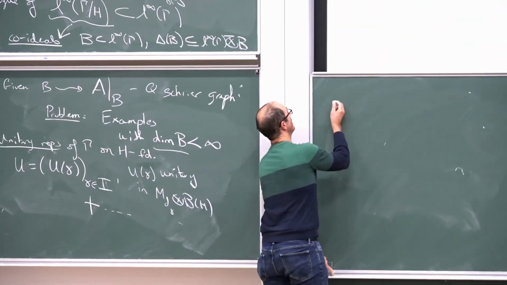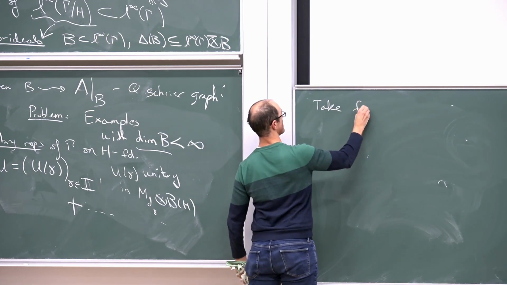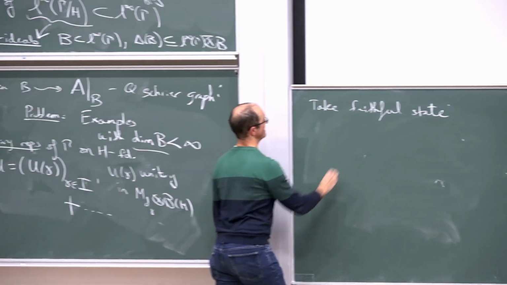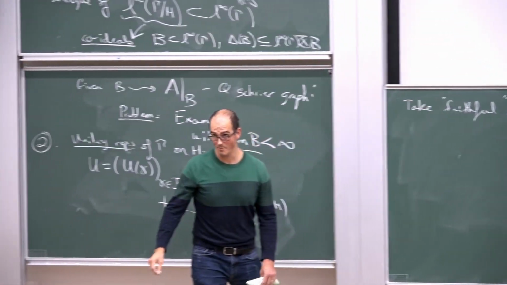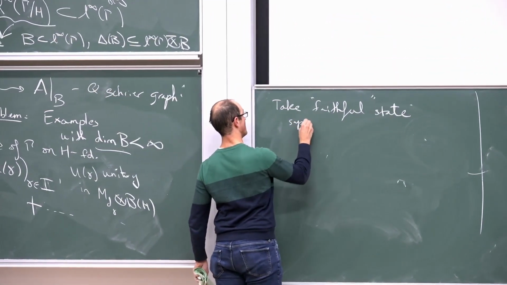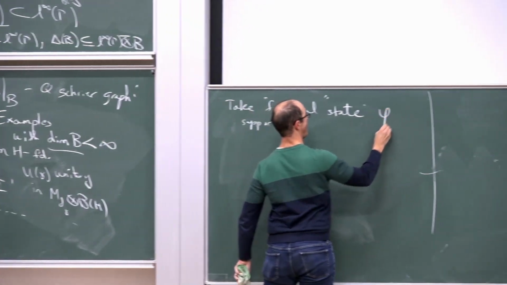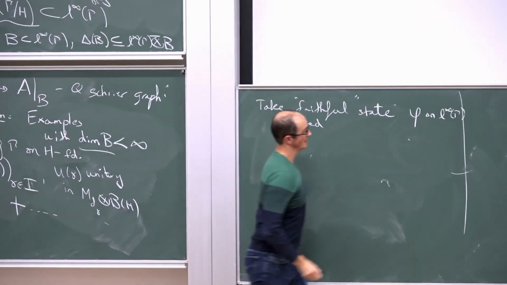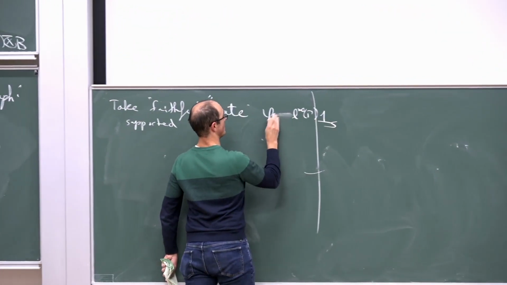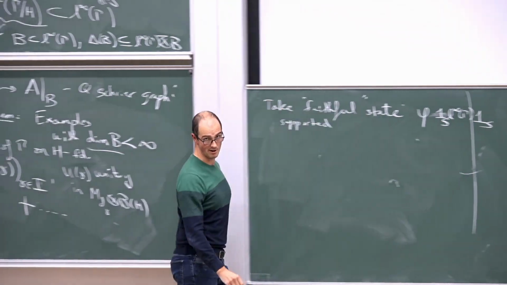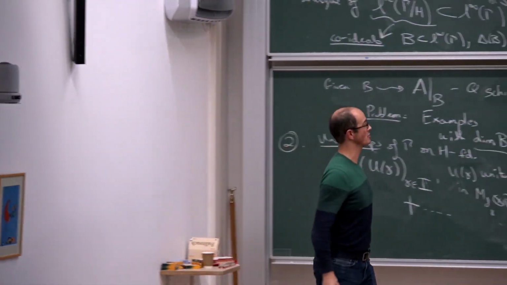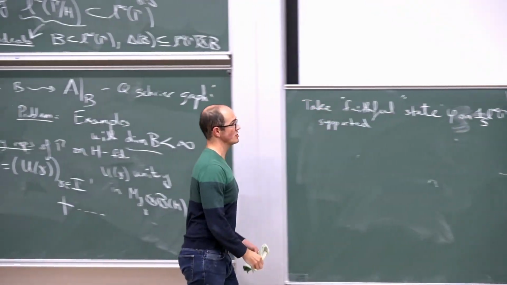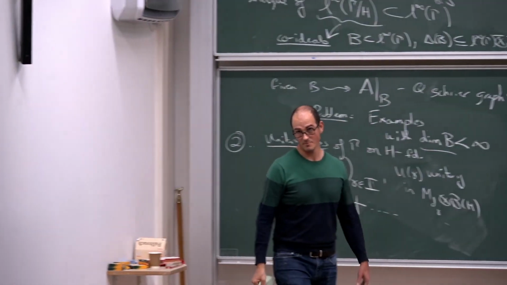Take a faithful state, and I'm going to say faithful in a not quite precise way, supported, so it'll be phi on L infinity of gamma, and I want it to be faithful on essentially the corner, or the cut down of my algebra by this central projection. Okay?